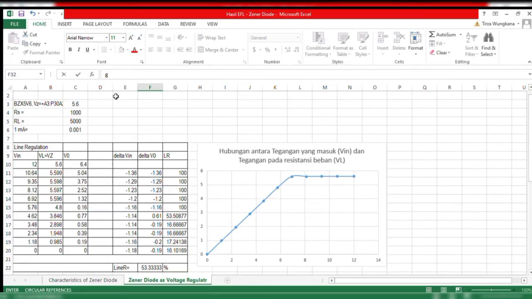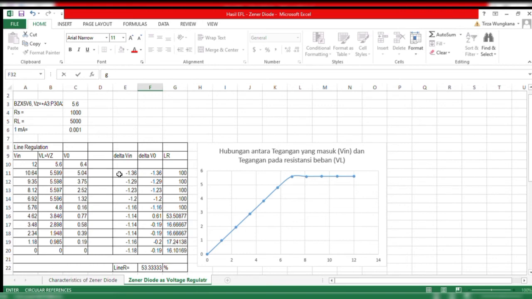Okay, and here is the result from our simulation of line regulation. As you can see here, the RS is 1000, RL is 5000, and then this is the voltage in, the voltage loaded, the voltage on the first resistor, and this is the delta V in.